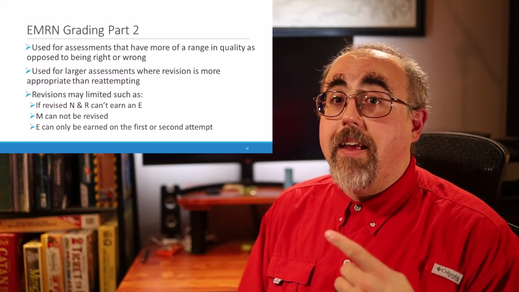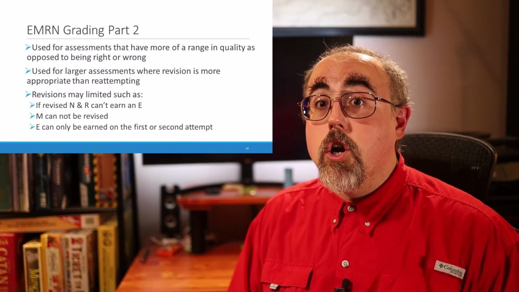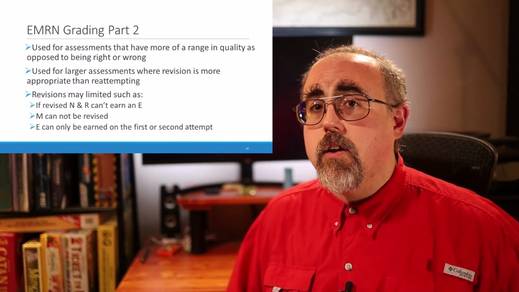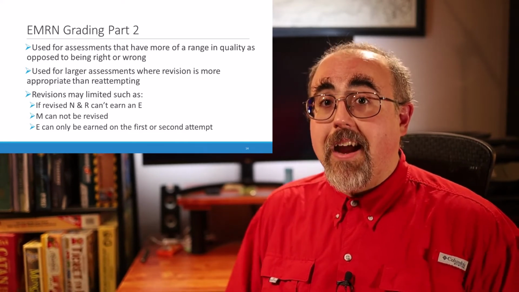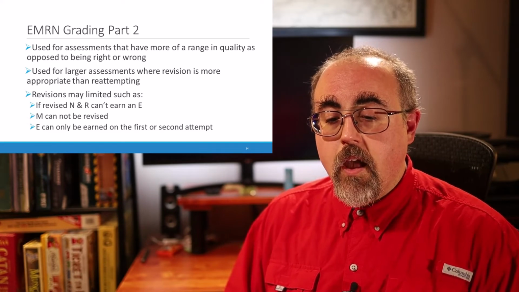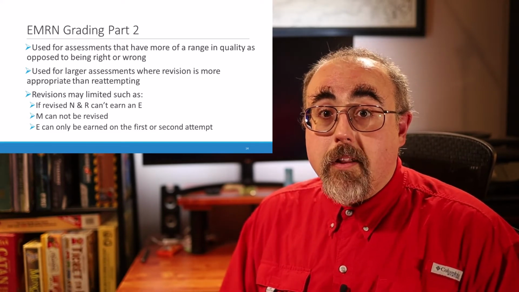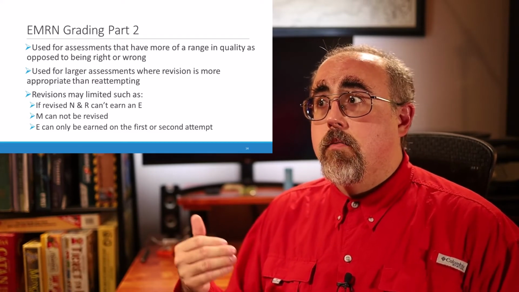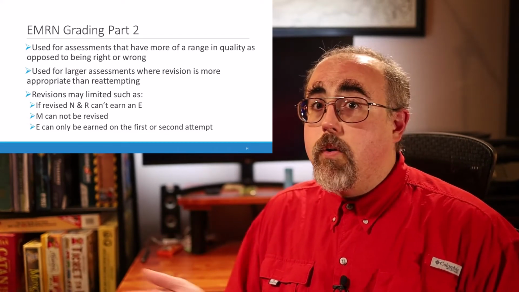Okay, so this was, as I mentioned earlier, probably going to be used for larger assessments, things that redoing them isn't going to be such a good idea as revising them. So think papers and essays and whatnot. Now, you might want to limit those revisions. So you might want to say, okay, maybe if you get an M, you can't revise it.